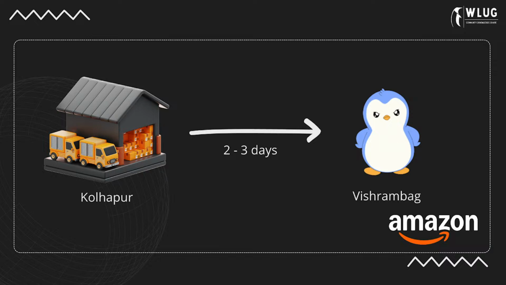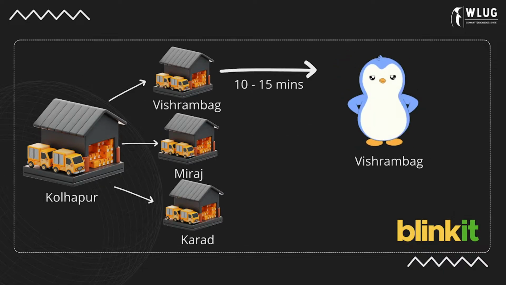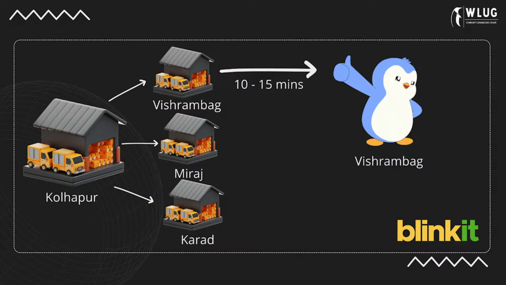A taxi wanted to host a Christmas bash. For it, it wanted to bake a cake. Now, ordering the ingredients from Amazon would have taken 2 to 3 days since the main warehouse is in Kolhapur. So, taxi decides to order from Blinkit so that it can get the materials within 10 to 15 minutes. Right?